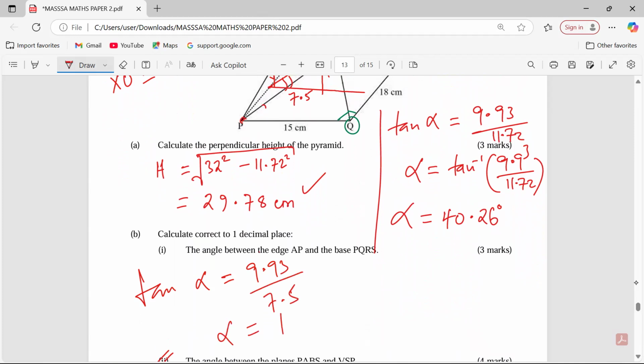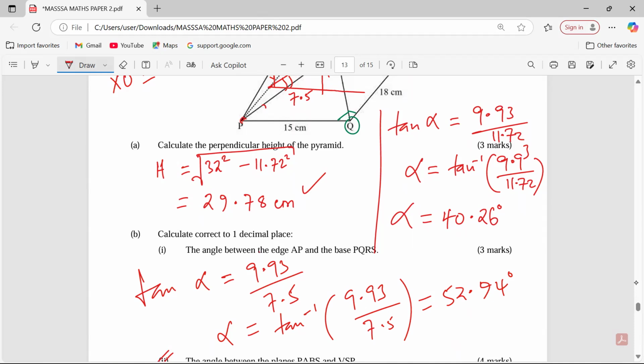So beta shall be the tan inverse of 9.93 over 7.5. I start by taking 9.93 over 7.5, then shift tan, which is 52.94 degrees.